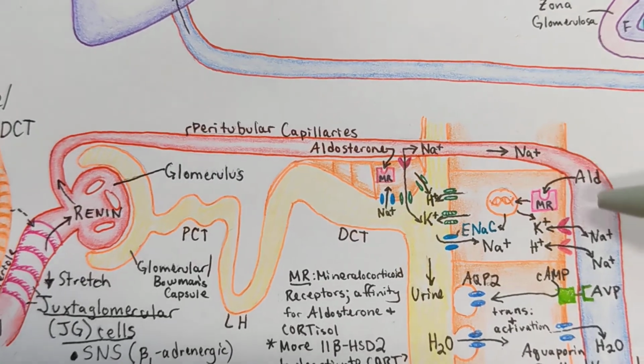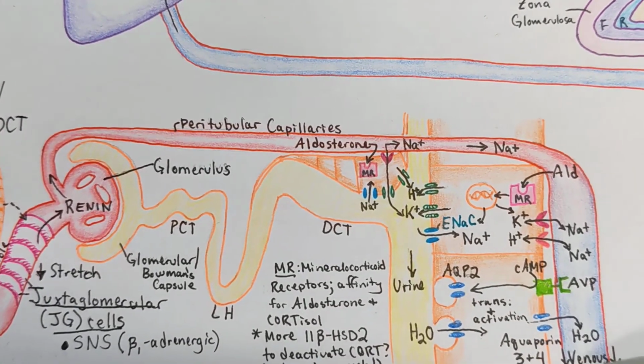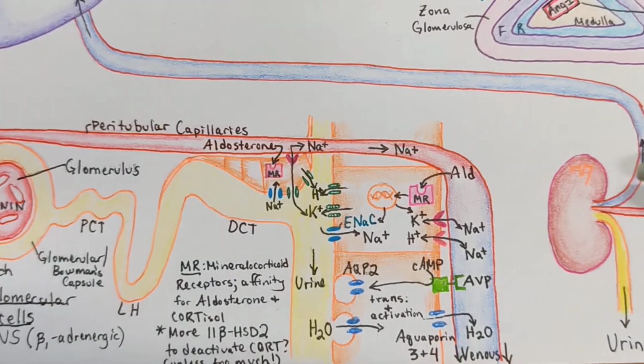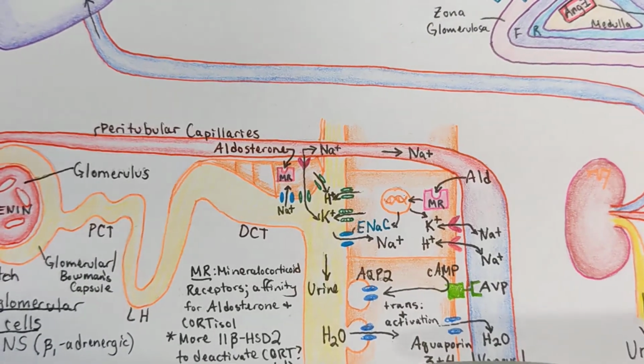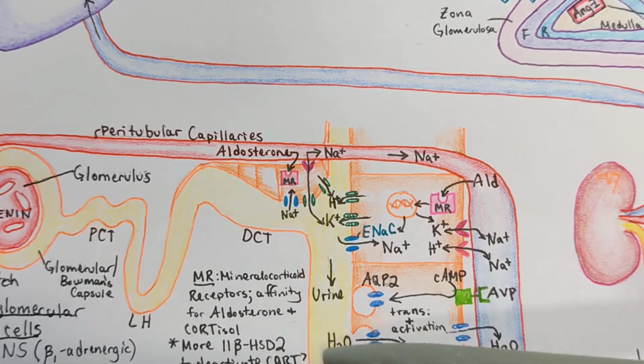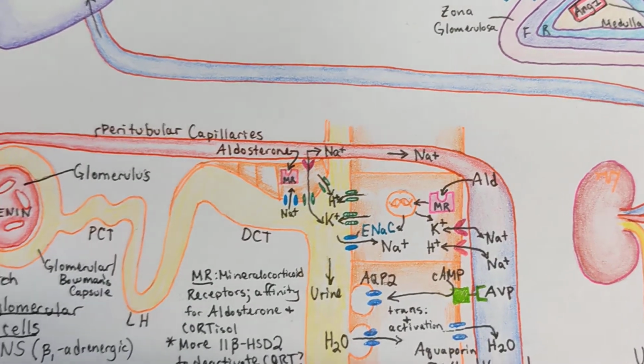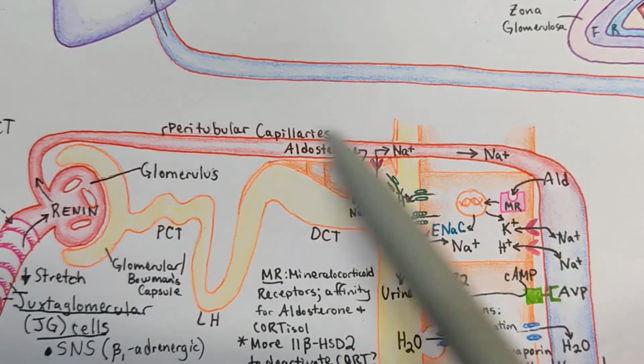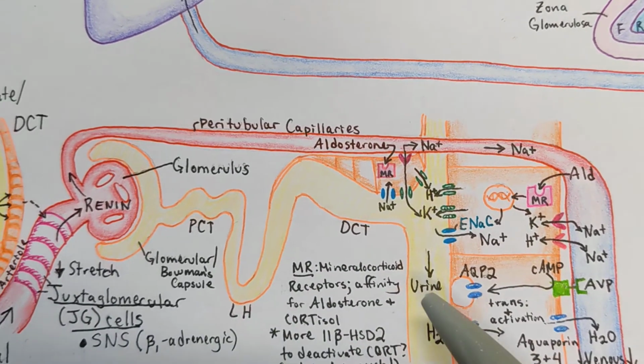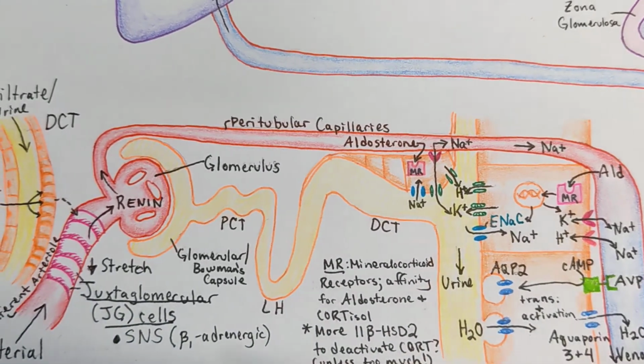We can see here that the blood drains out and ultimately drains out of the kidney in the venous return to the heart. Anything that ends up in the collecting duct is going to ultimately drain out the ureter onto the urinary bladder. So this is a major effector tissue of the renin-angiotensin-aldosterone system.